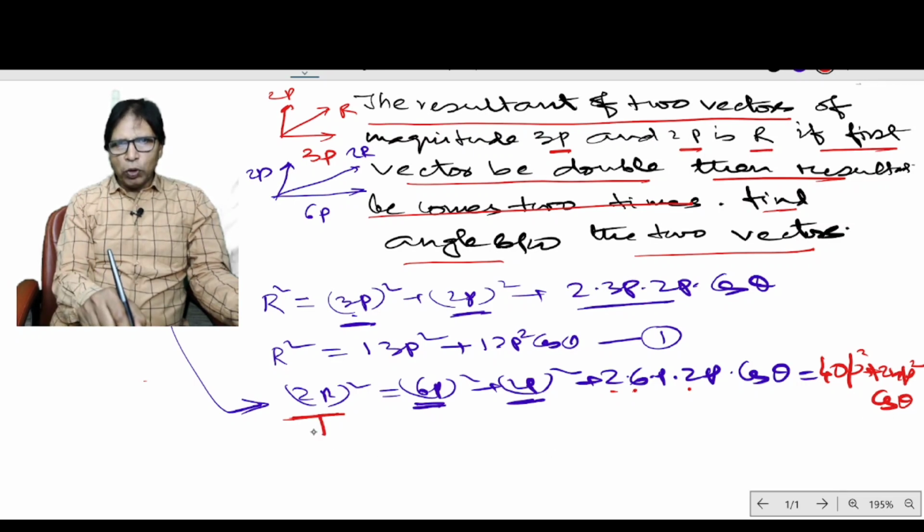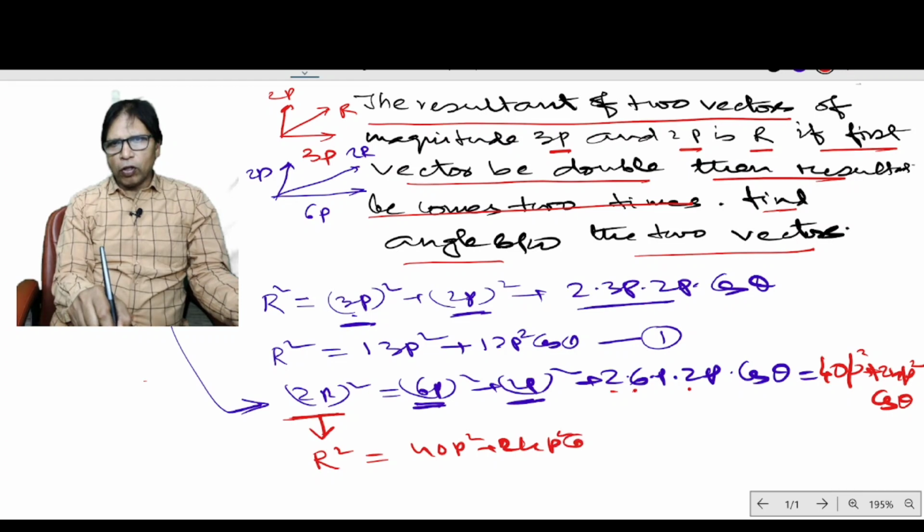So look at this. If we divide this equation by 4, we get r square equals 40p square plus 24p square cos theta divided by 4. So this is 10p square plus 6p square cos theta.